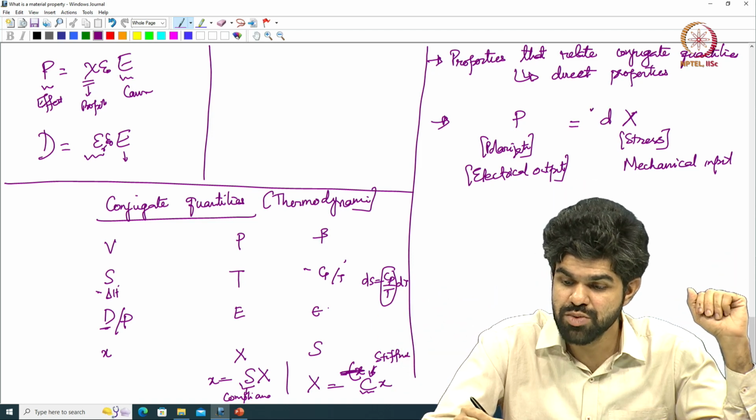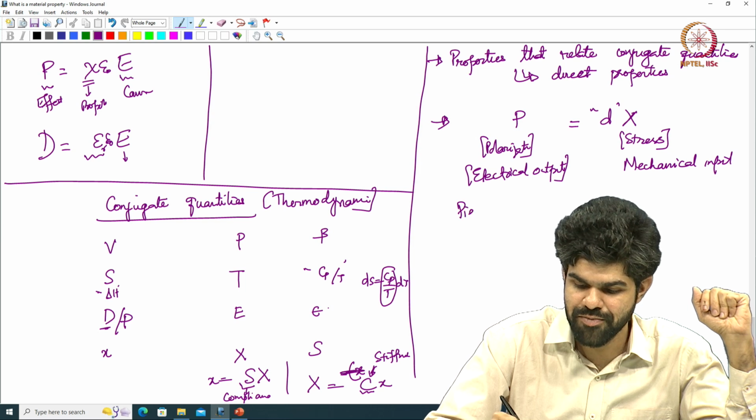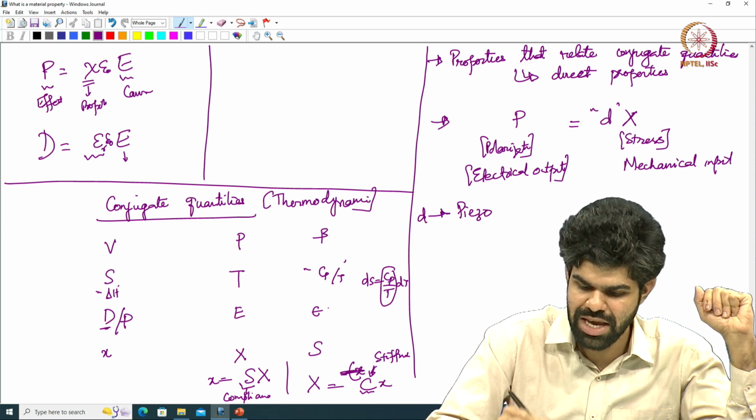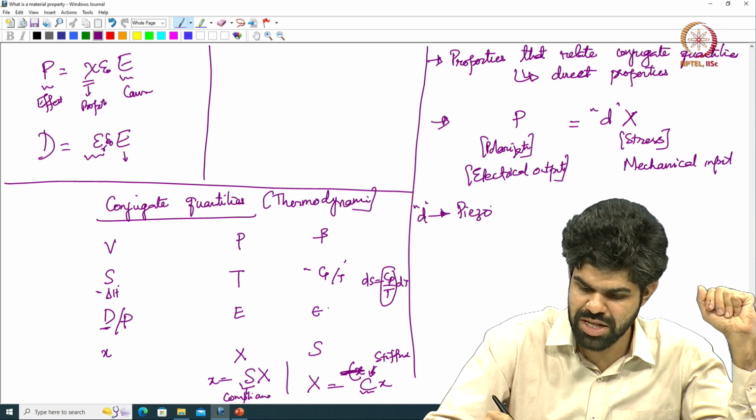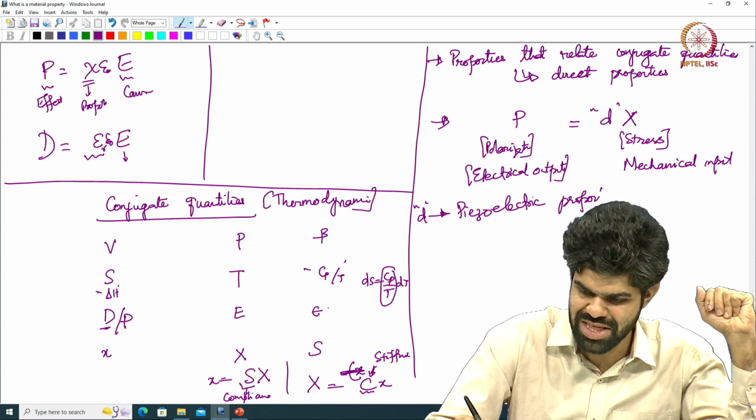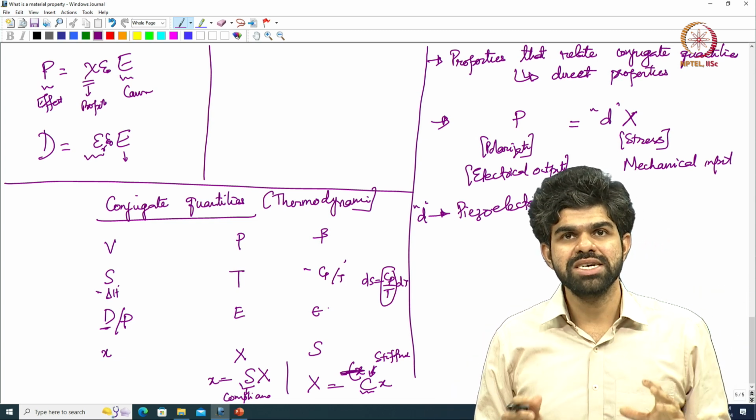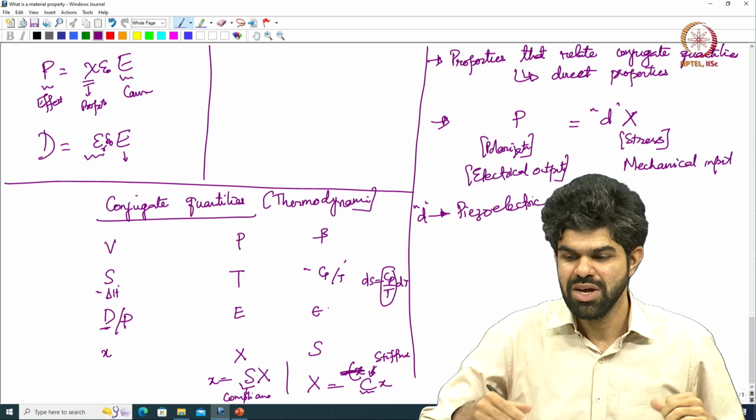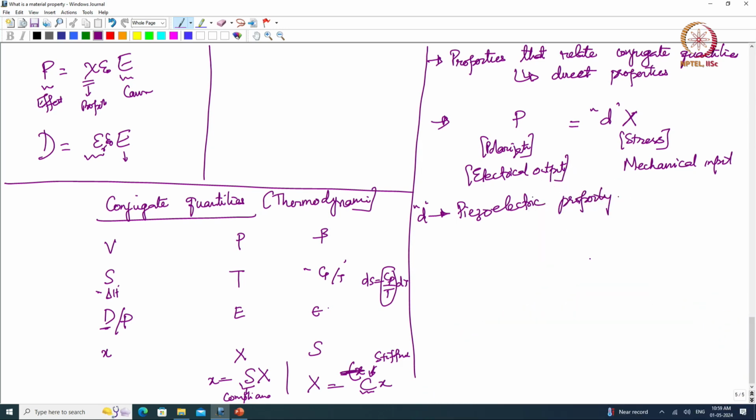So this property is what is called the piezoelectric property, D, right. Okay. So you apply stress and you generate polarization, or alternately I change the temperature of the material and I generate polarization. So again I am cross coupling. So these are all cross coupled properties.